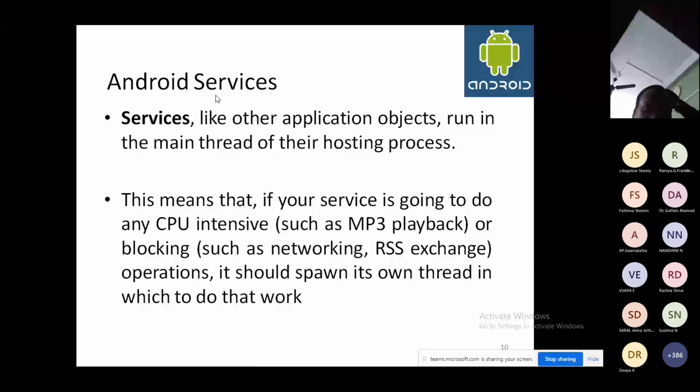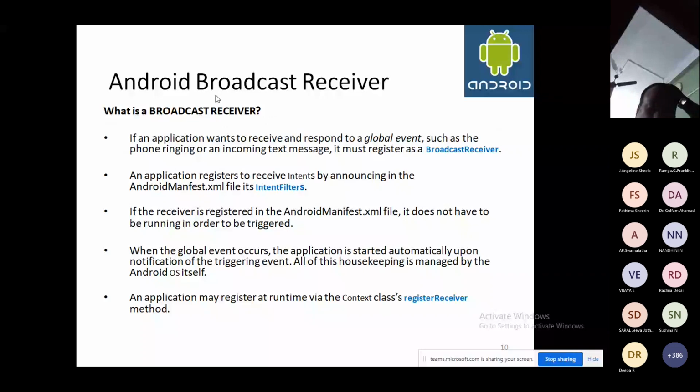Android broadcast receiver: if an application wants to receive a response to a global event, such as the phone ringing or an incoming text message, it must register a broadcast receiver.